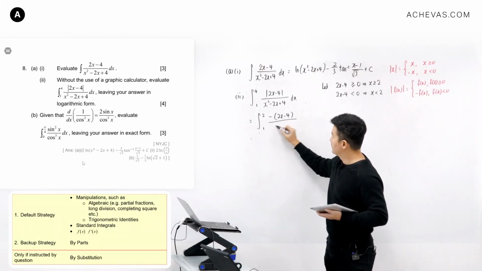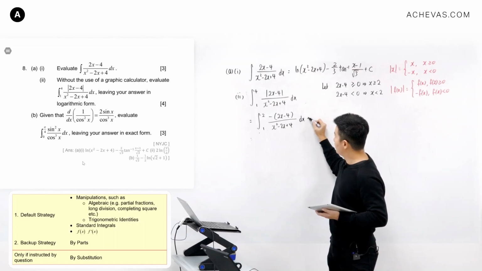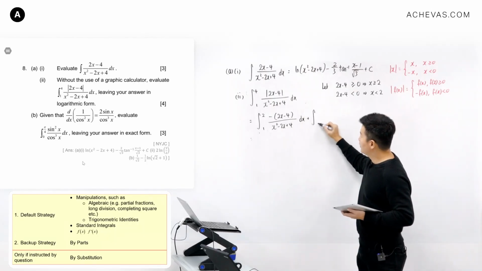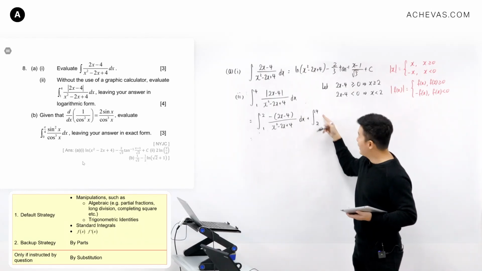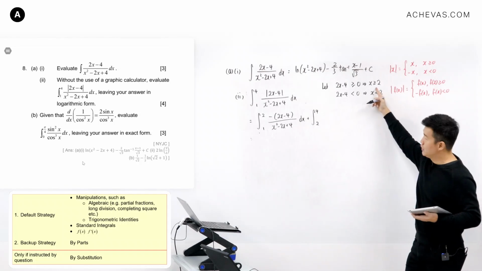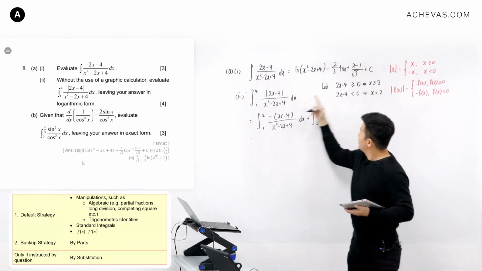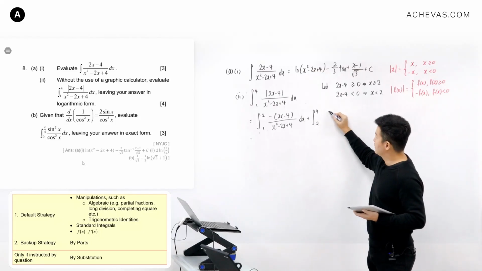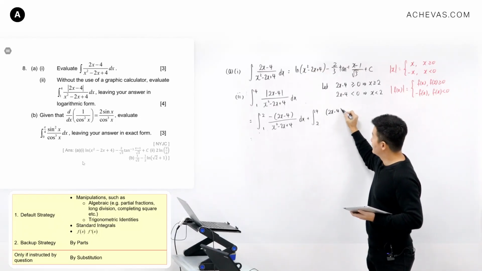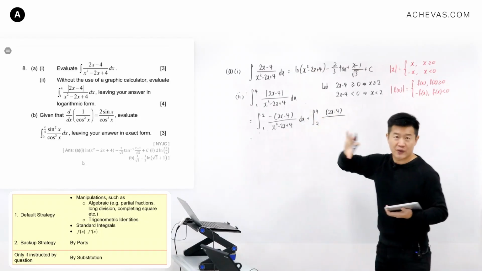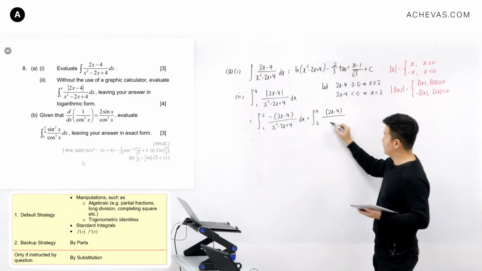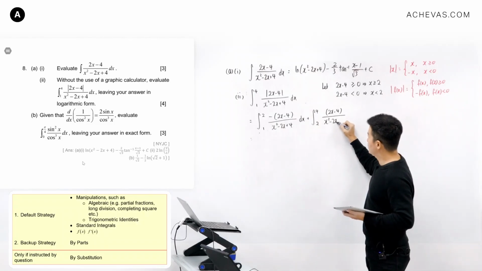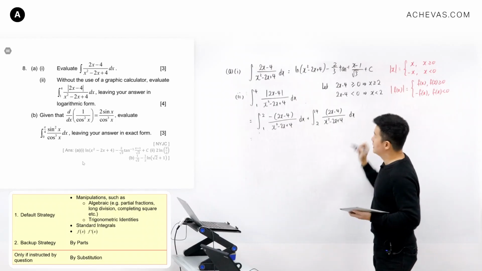I have this divided by x squared minus 2x plus 4. Then I'm going to integrate from 2 to 4. So x is now bigger or equal to 2, so this expression is positive, so it is just 2x minus 4 as it is, without having to add an extra negative. So we have it over x squared minus 2x plus 4 dx.